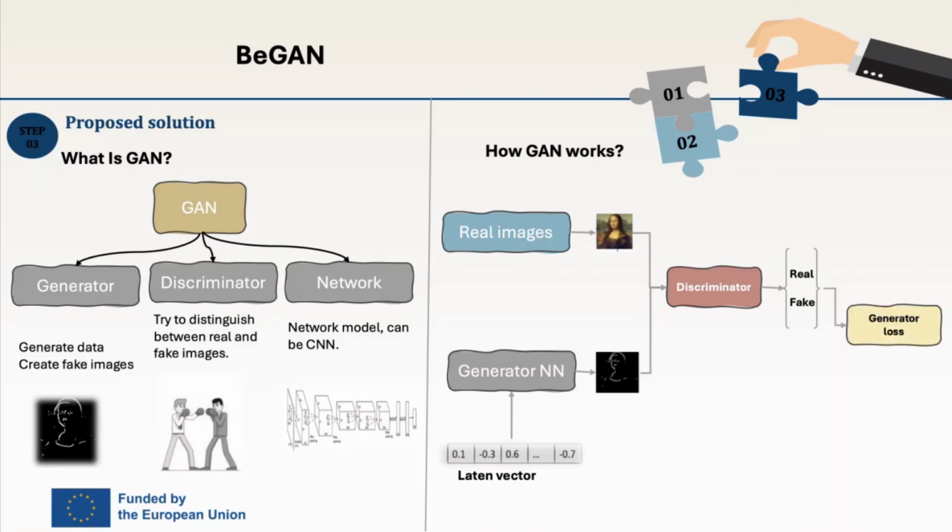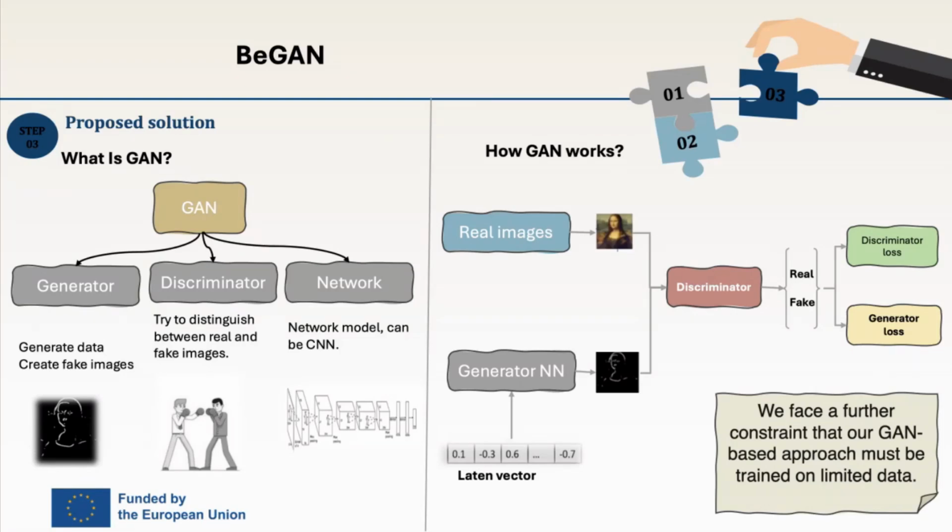According to the discriminator's performance, it can say this is a real or fake image. Then we will have the generator loss and also the discriminator loss. Both of these losses are fed back to the model in order to improve the capability of the generator and the discriminator.